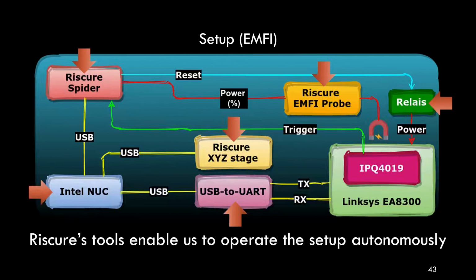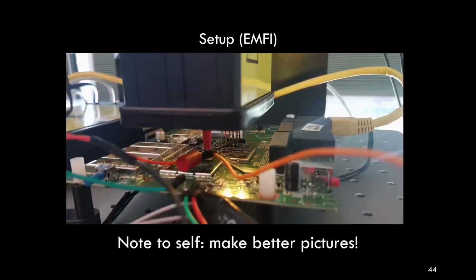So this setup enables us to operate the entire setup completely autonomously. And this is important because typically when you're doing fault injection attacks, you want to conduct many experiments which take multiple days. And the less manual intervention that is required, the easier it is to conduct a lot of experiments.